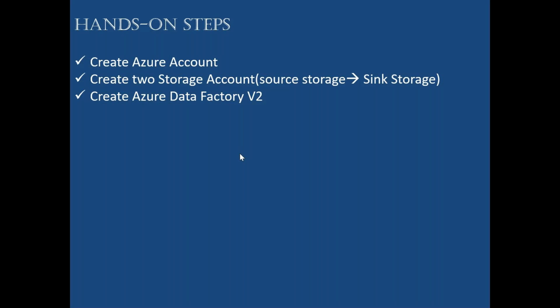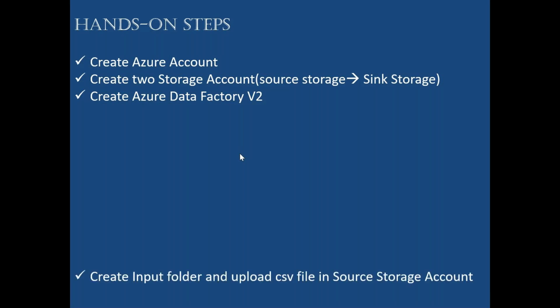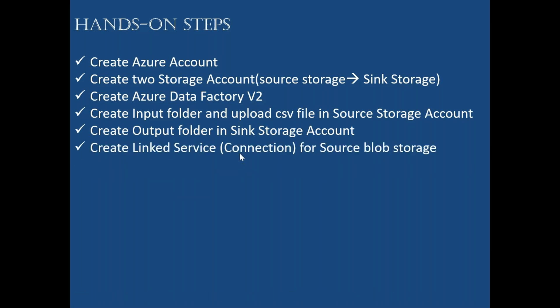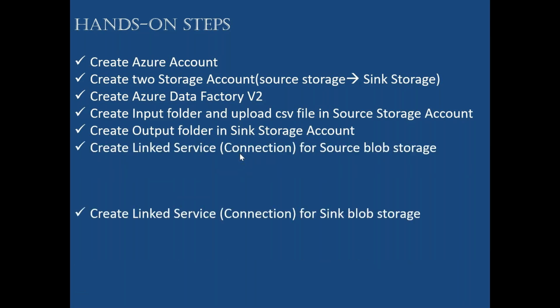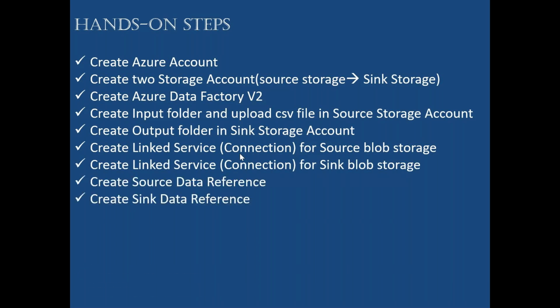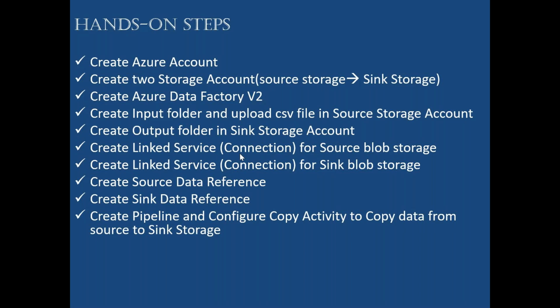Then we'll be creating a data factory. After that, I have a source storage and a sink storage. Within the source storage, I'll be creating an input folder and uploading not only CSV but mixed files. Then I'll be creating the output folder in the sink storage account. Create a linked service for the source blob, create a linked service for the sink blob, then create a source data set and a sink data set, then create a pipeline.